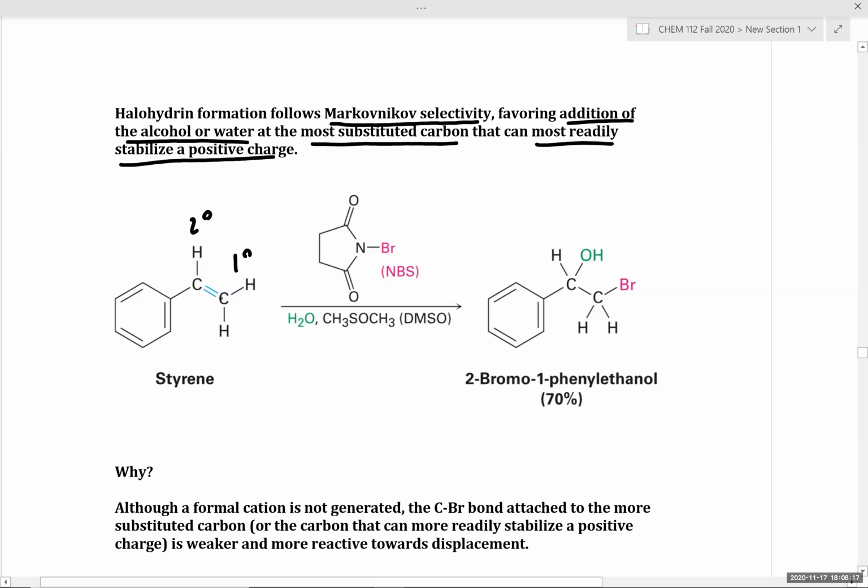Which of these positions is more substituted and which can more readily stabilize a positive charge? The secondary, exactly right. And that's why we observe preferential attack of our alcohol at the secondary position. We can see very clearly from our observed product distributions that we're working under Markovnikov patterns of regioselectivity. Does that idea make sense?